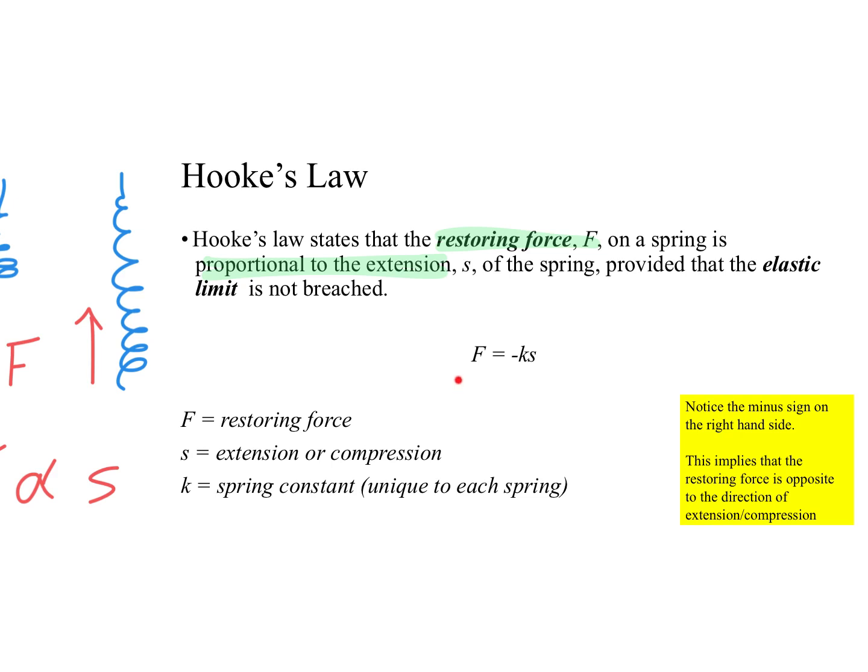We've talked already about how F, the force, is going to restore the spring to its equilibrium position. It's going to be proportional to the displacement, but the force also depends a bit on the spring. Some springs are going to be very stiff, so even with a small amount of extension, it's going to snap right back. So we have this thing here to account for, K, which is our spring constant.